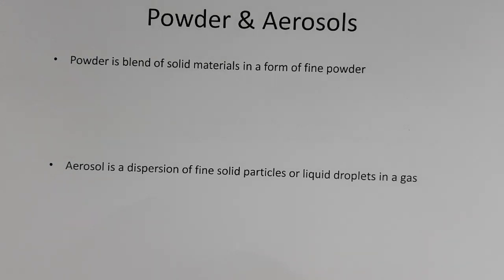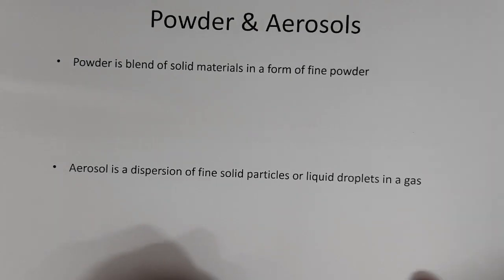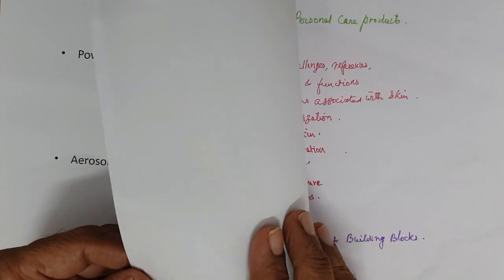So aerosol is a dispersion of fine solid particles or liquid droplets in a gas. The typical example of aerosols is deodorants and antiperspirants, which come in a pressurized container. Right? These are the product forms.